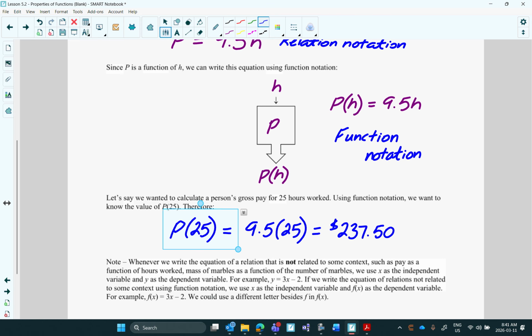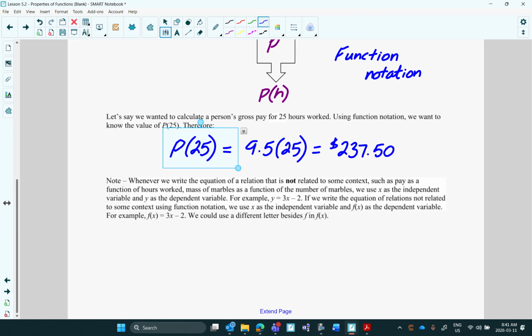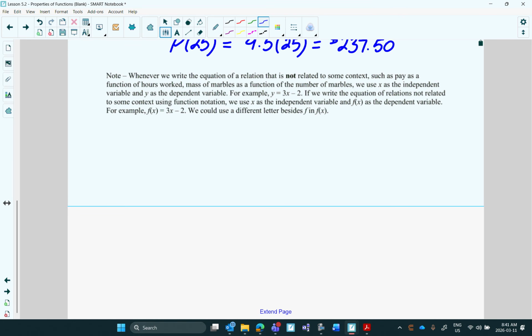So for example, don't overthink this. If I have the equation, I don't know, T equals 2.5 times N plus 3. That's relation notation.